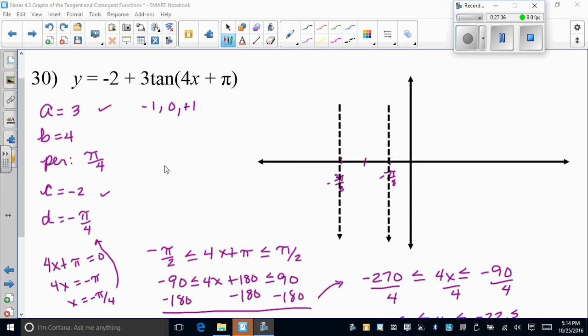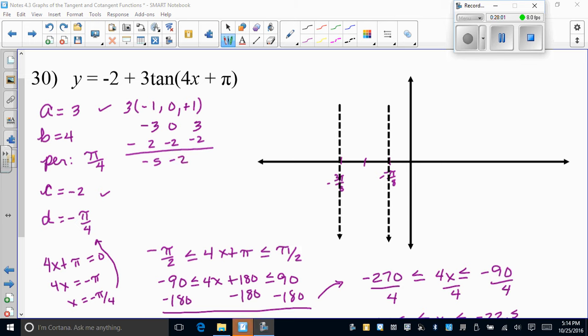But we have to multiply these babies by 3, which gives us negative 3, 0, positive 3, and then we have to take the C value and subtract 2 from each of them. So negative 5, negative 2, and then 1.